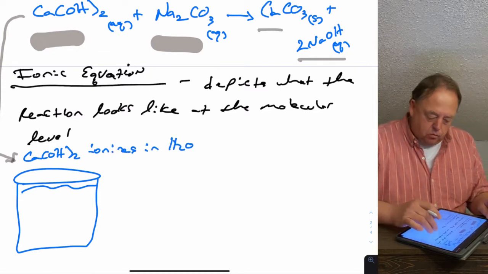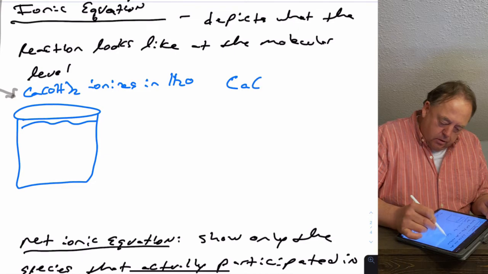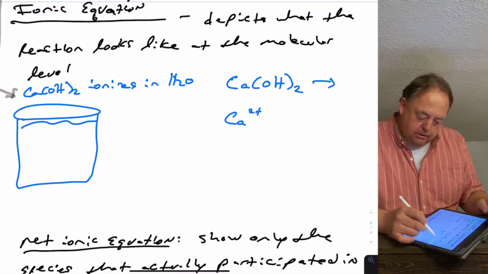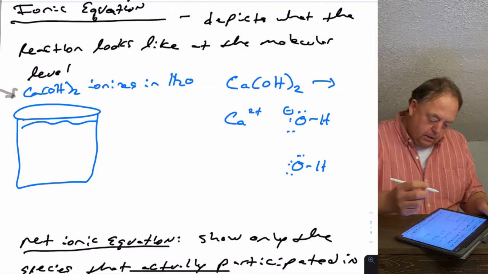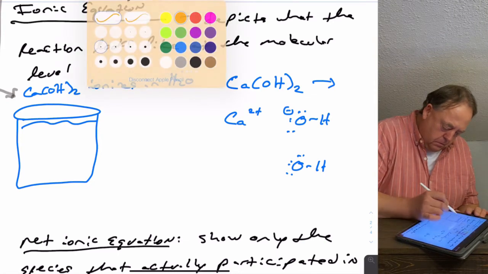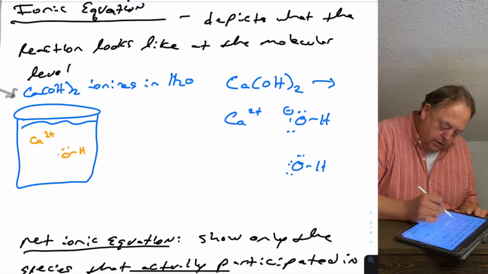So that means it ionizes in water. So here you have to recognize Ca(OH)2 is going to become, in water, calcium 2+ cations and hydroxide anions. So for every calcium hydroxide that dissolves, you get 1 calcium cation floating around, and you get 2 hydroxide anions floating around in solution.